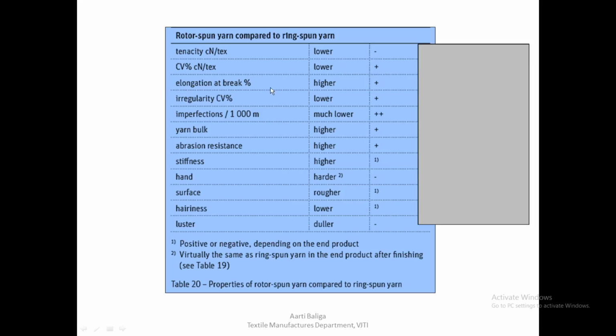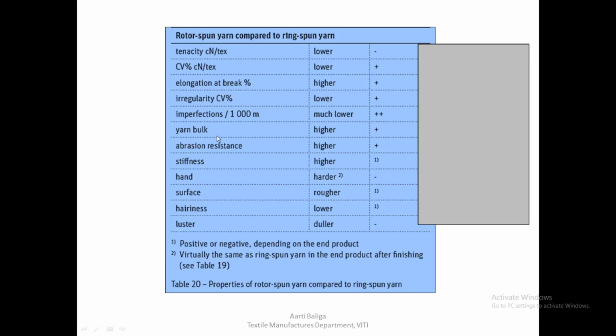Then elongation at break, we said that it is higher, so it's a positive point. Irregularity CV is lower, again because of back doubling, so it's a positive point. Imperfections per 1000 meters, we just saw it is much lower, so it's a very positive point because it's lower by around 60 to 80%.